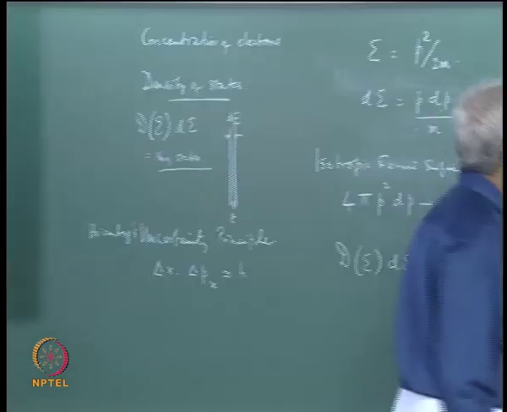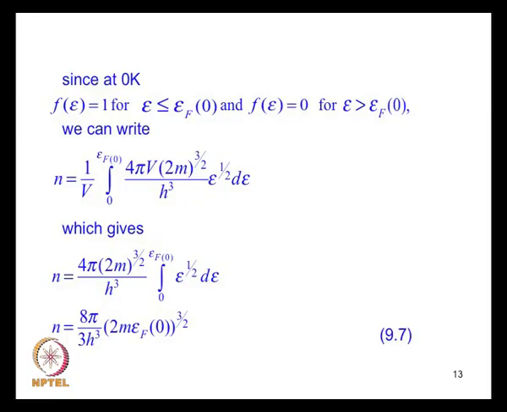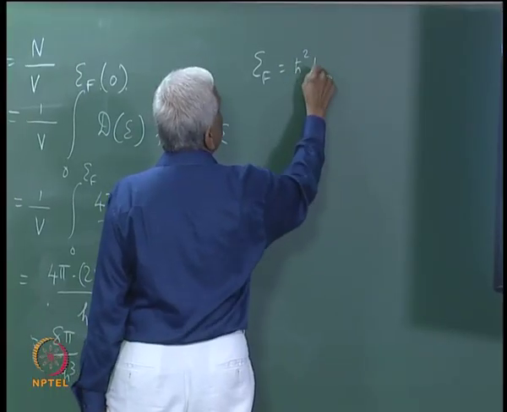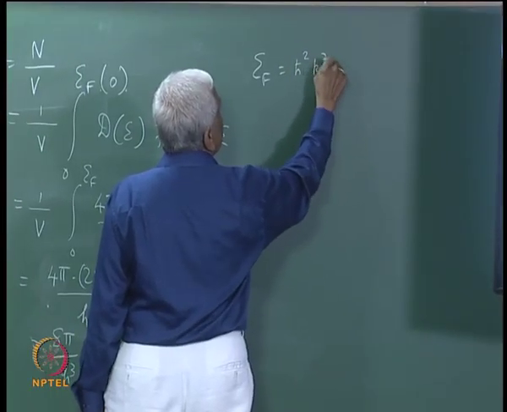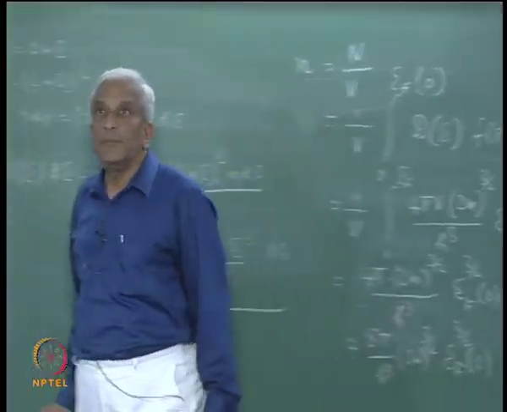So, that gives me the final result. Using this, and using EF, as we already saw, EF is nothing but the kinetic energy up to the wave vector at Fermi energy, h cross square kf square by 2m.